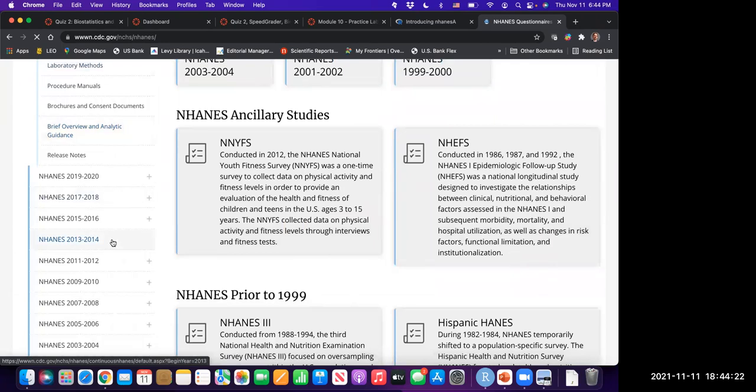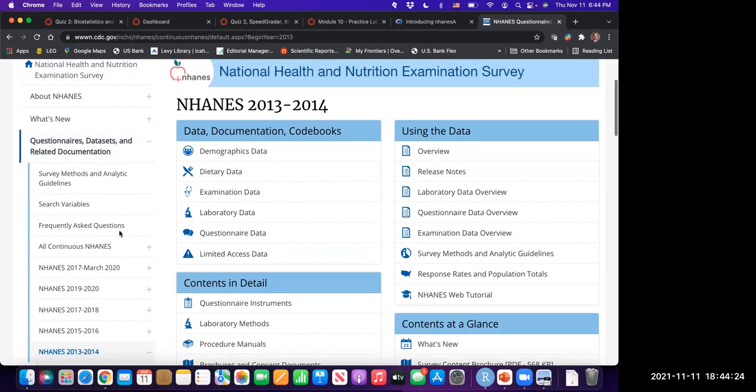So it requires for you a little bit of digging, but all of these are basically linked with a SEQN number. The SEQN number is essentially a participant ID number that allows you to link all this data that is publicly online with the data that you have at hand from the package.